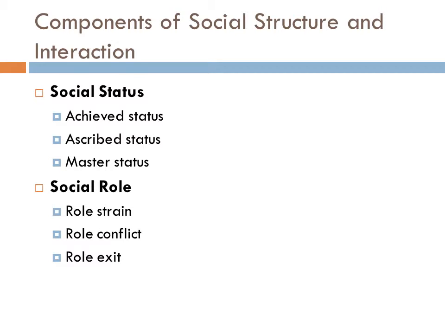So for example, leaving a job, changing careers, getting a divorce, or moving out of the family home to attend college. These are all examples of role exit. Virtually all of us experience role exit at some point in our lives. Some role exits are welcome, while others are painful and frustrating.